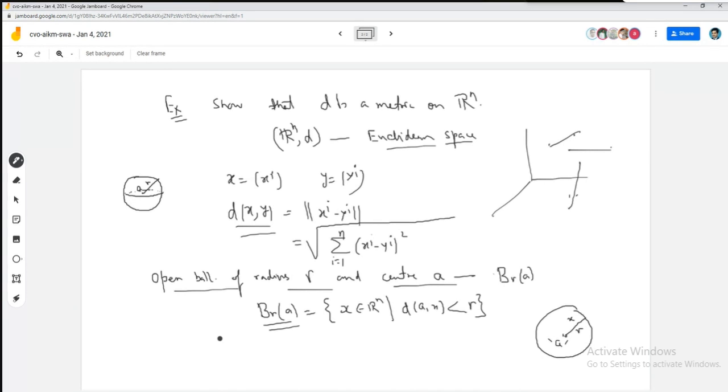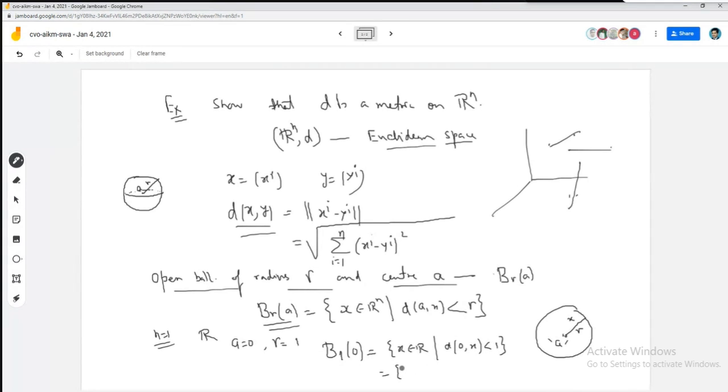In particular, if you are in simply R, for n equal to 1, and suppose your point A is 0 and your radius R is say 1, then what is your ball with radius 1 and center 0? This is the collection of all x in R such that the distance from 0 to x is less than 1.